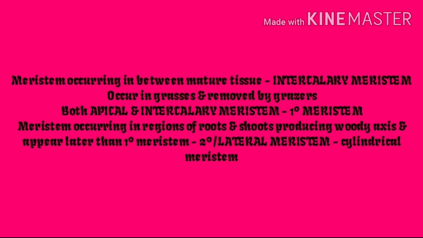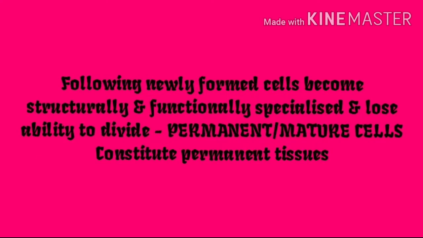They are cylindrical meristems. And following the divisions of cells in both primary as well as secondary meristems, the newly formed cells become structurally and functionally specialized and lose their ability to divide.